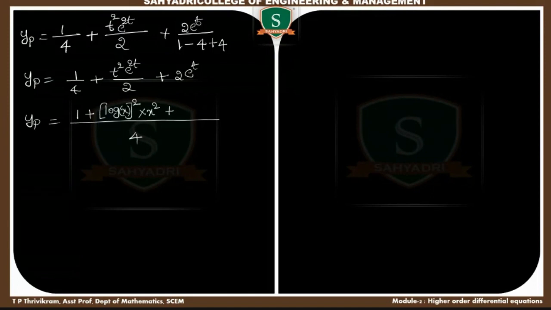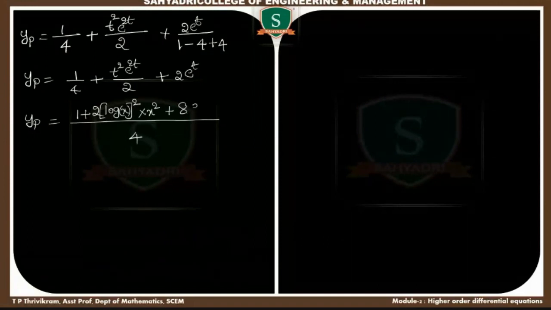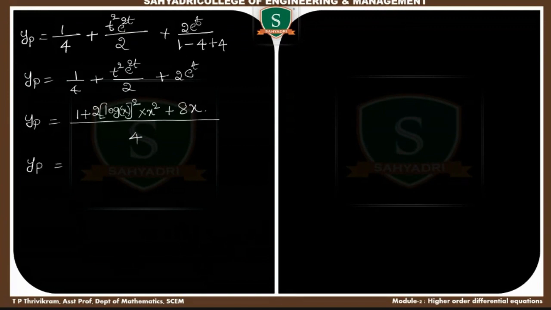So if you take LCM here, what happens? 2 into, here 4 into 2. So you'll get 8. E power t means x. So finally, yp is equal to 2x square log x whole square, plus 8x plus 1 divided by 4.